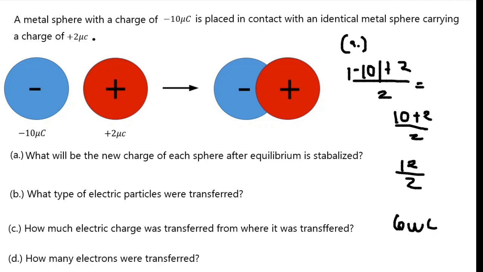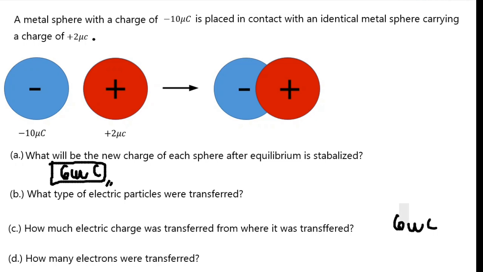We just use negative signs to illustrate that it is negatively charged. So this is the new charge of this metal sphere after it is stabilized: 6 microcoulombs.